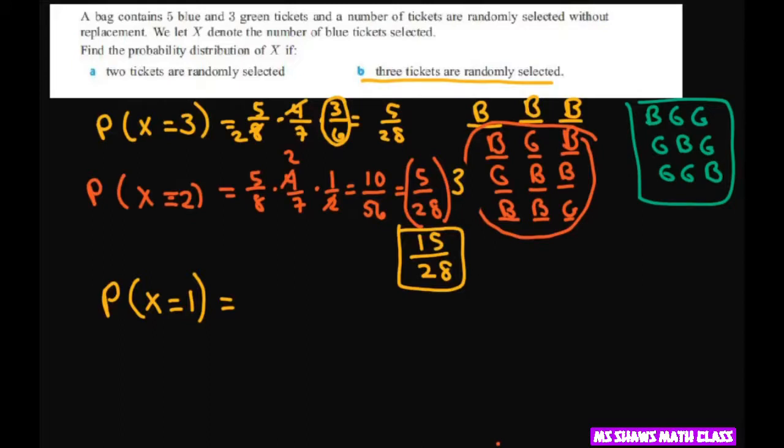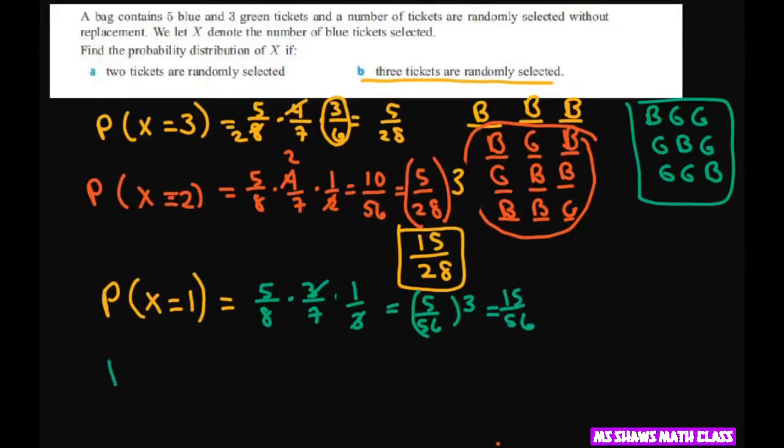The probability of 1 blue is 5 out of 8, then for the greens, you have 3 out of 7 times 2 out of 6. Now 2 out of 6 is 1/3, so I'm going to change that, since I'm trying to do this without a calculator. So this goes away, and that's going to give you 5 out of 56. We multiply this by 3, so that's going to give you 15 divided by 56.